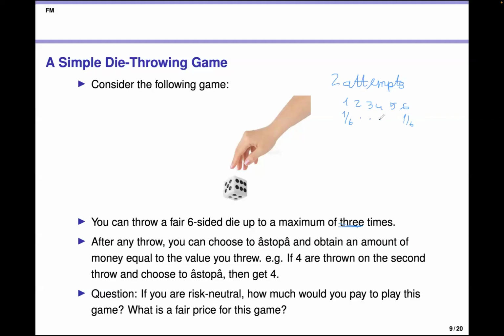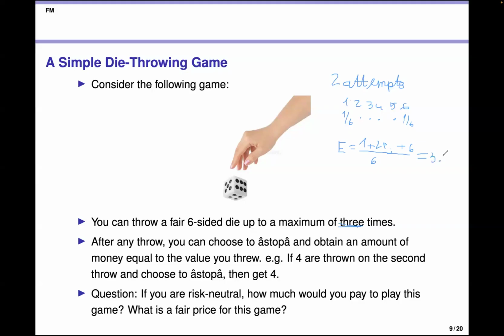So how to compute the mathematical expectation for the last throw? Each value multiplied by its probability: 1 plus 2 plus 3 plus 4 plus 5 plus 6, divided by 6. That is 21 divided by 6, which should be 3.5.